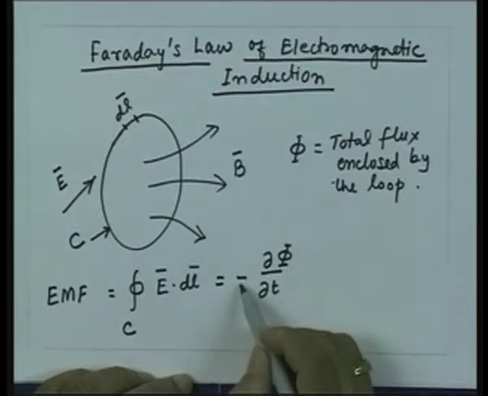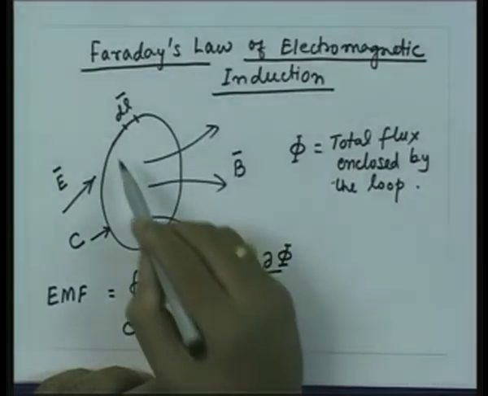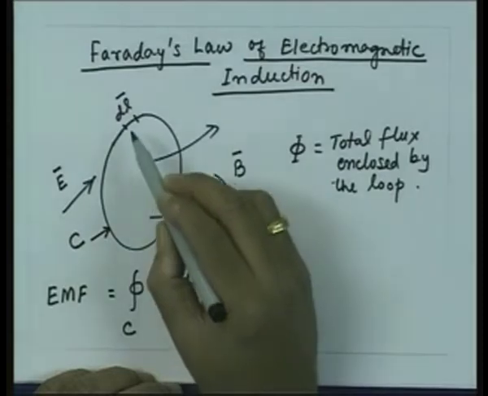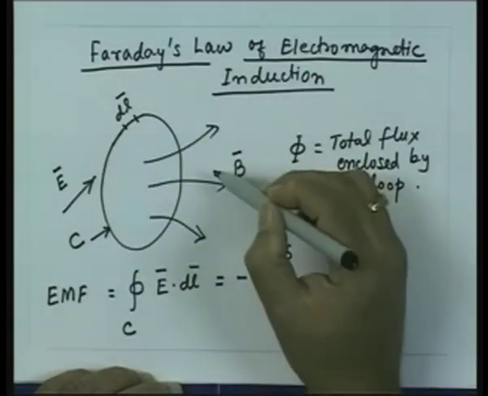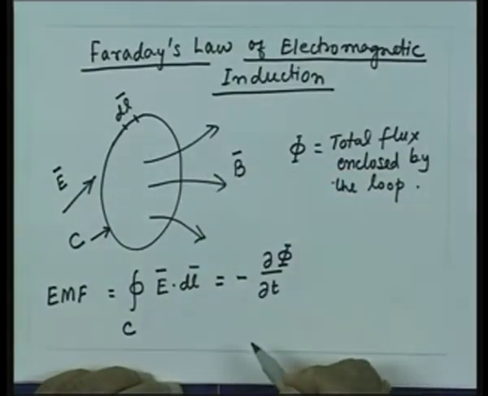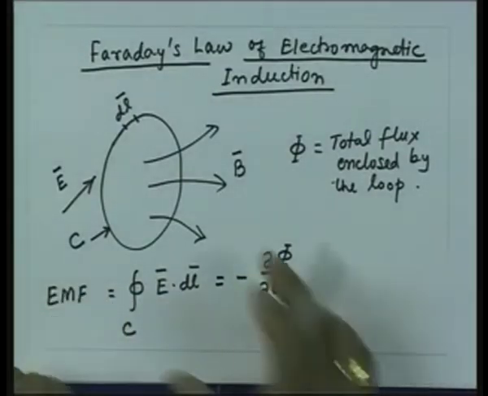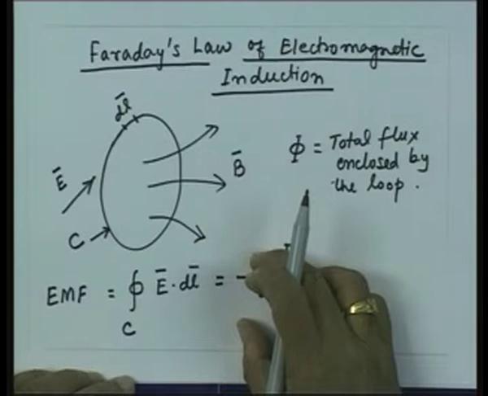The negative sign essentially accounts for the fact that the EMF produced is such that the magnetic field produced by that current because of that EMF will oppose the original magnetic field. So, this negative sign is more like a resistance to the original magnetic field, and its role is very important.